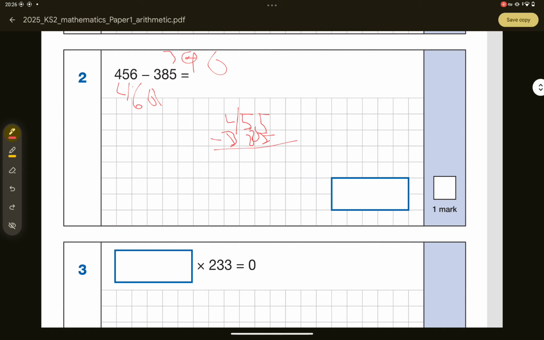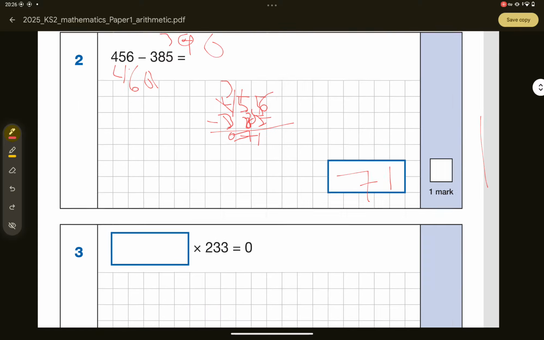This is supposed to be a 6, 1. This is supposed to be an 8. So this is a 3. So 15 minus 8 equals 7. And then 3 minus 3 equals 0, so 71.